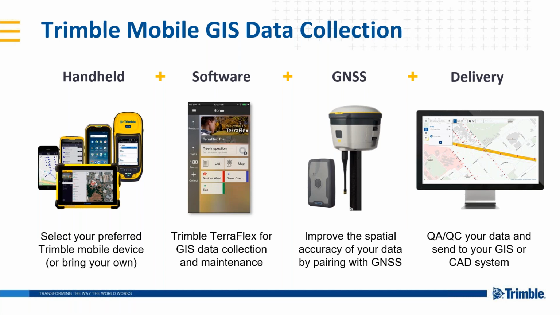If the GPS accuracy of the device itself is not sufficient, then of course you can add a GNSS component to improve the spatial accuracy of the data that you're collecting. And then the fourth component is some sort of delivery mechanism, so that you can get the data that you're collecting or perhaps updating in the field off the device and back into your system of record. And the Catalyst technology that we're talking about today obviously fits in that GNSS component.